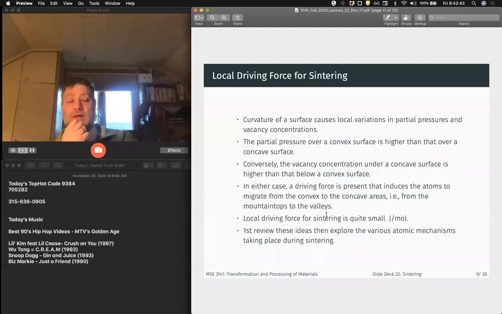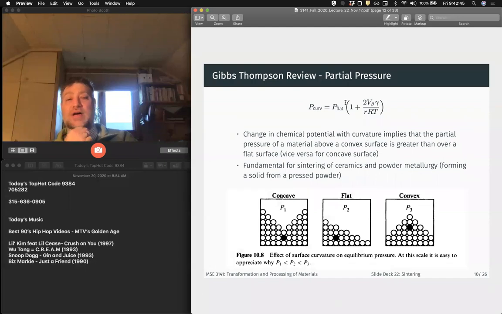Okay, so let's take a look. Just remember our Gibbs-Thompson review. If we have this atom here and we look at how easy it is for an atom to leave the surface and go into the air as vapor, it intuitively should be clear that we're much more likely in P3.